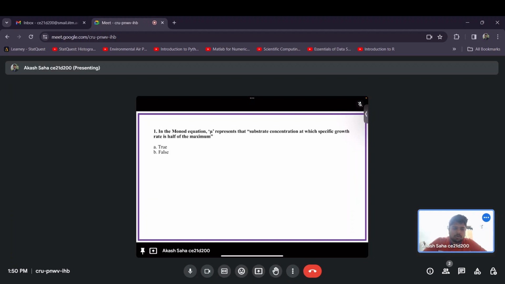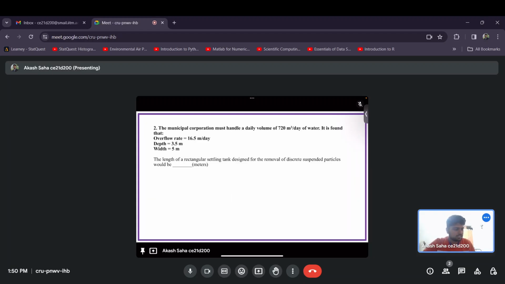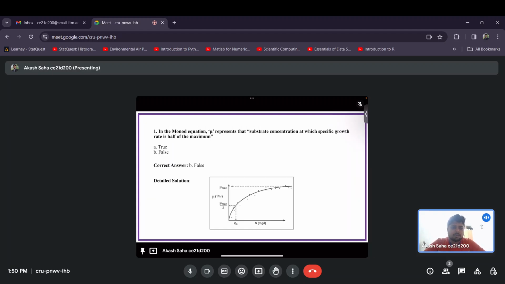So mu is not the substrate concentration, it represents the specific growth rate. Accordingly, this is a false statement because mu represents the specific growth rate and the substrate concentration is generally given by S. If we see the diagram of the Monod equation, it is something like this.